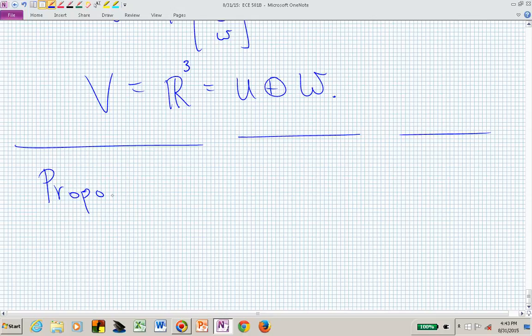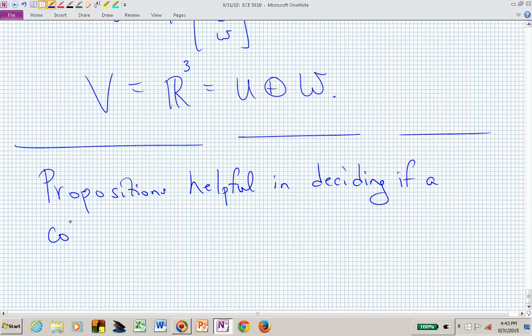So now the propositions will help us determine if a collection of subspaces is in fact a direct sum.